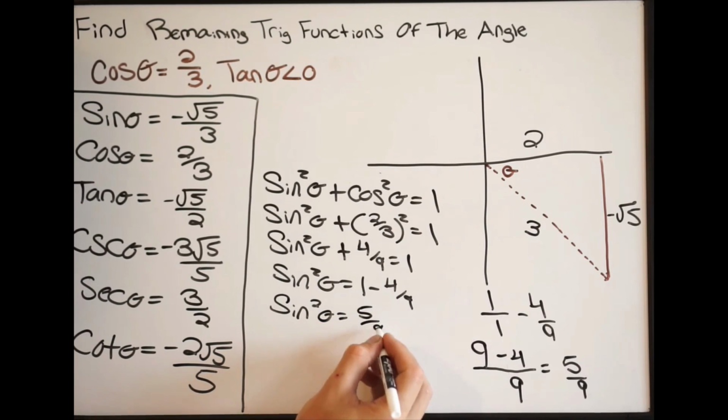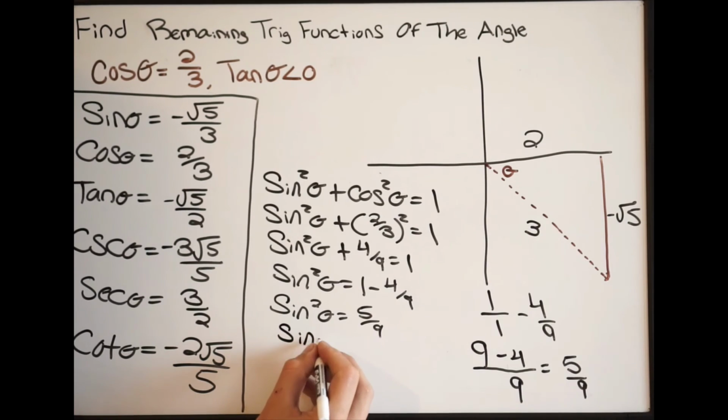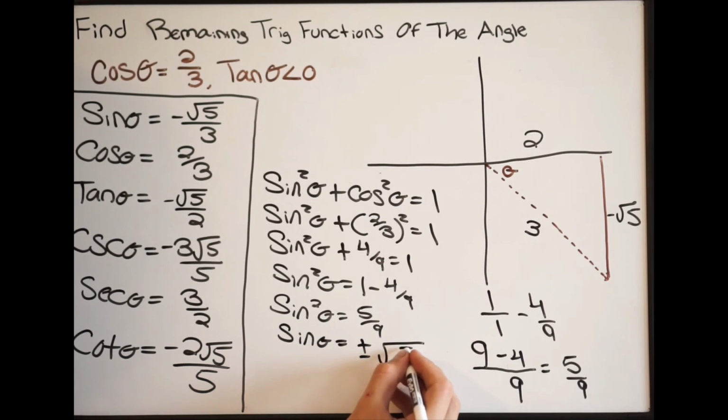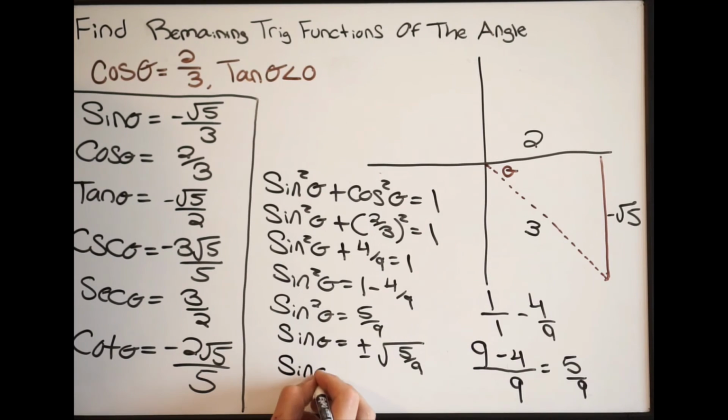We're almost done. So now just taking the square root on both sides, we get sine theta equal to plus or minus the square root of 5 over 9. And then just simplifying it one more time, we get sine theta equals plus or minus the square root of 5 all over 3.